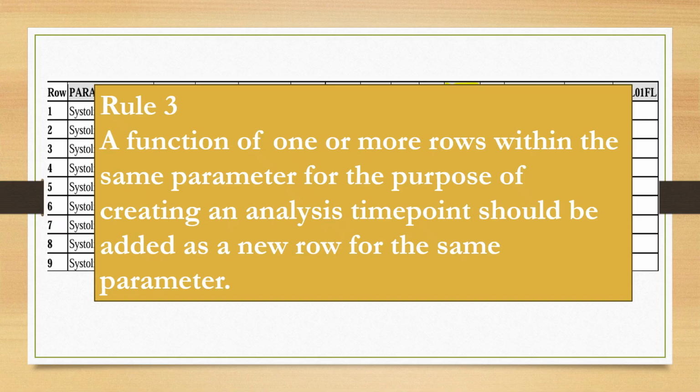So this is in sync with rule 3, which says a function of one or more rows within the same parameter for the purpose of creating an analysis time point should be added as a new row for the same parameter. Points to note here are that we are considering the same parameter's rows and we are creating a new record for the same parameter in rule 3.